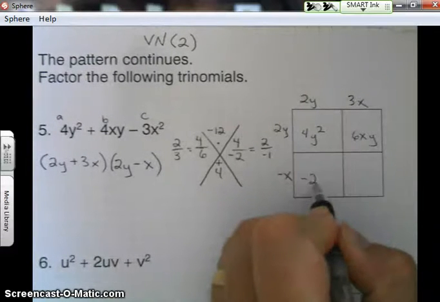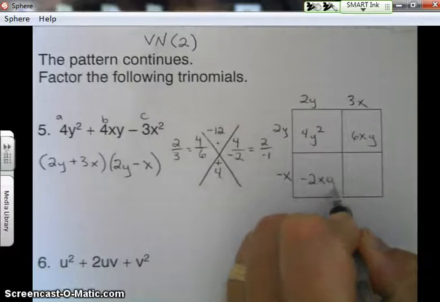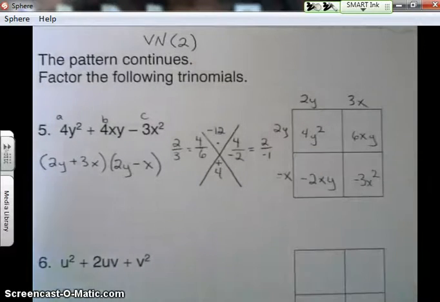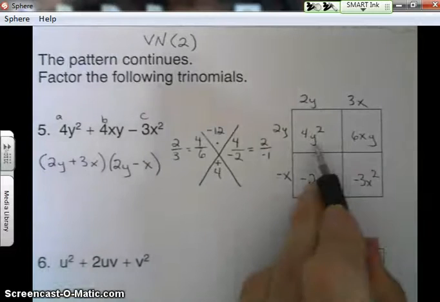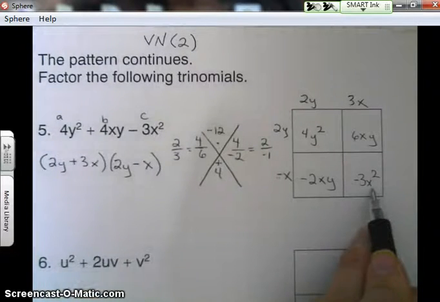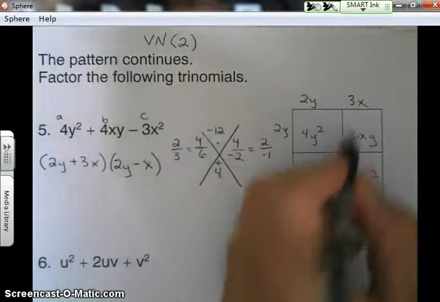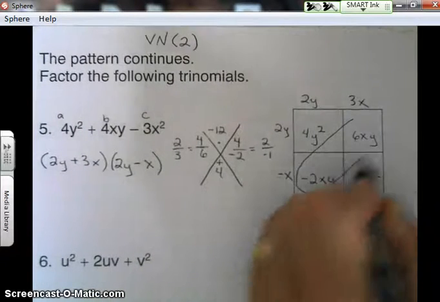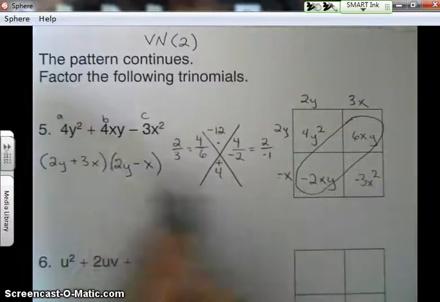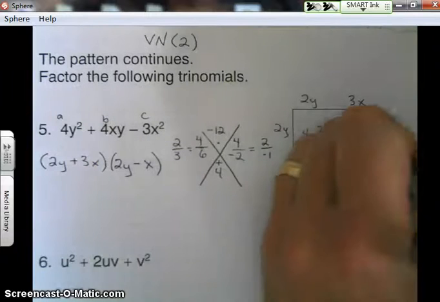So notice we have our first term matches, our last term matches, and then we would combine these two like terms. 6xy minus 2xy gives us 4xy.